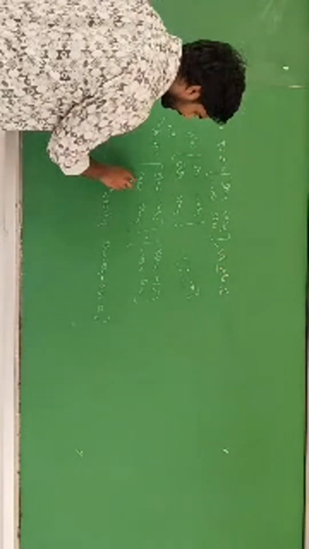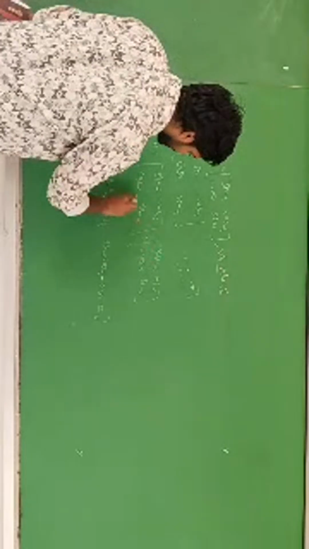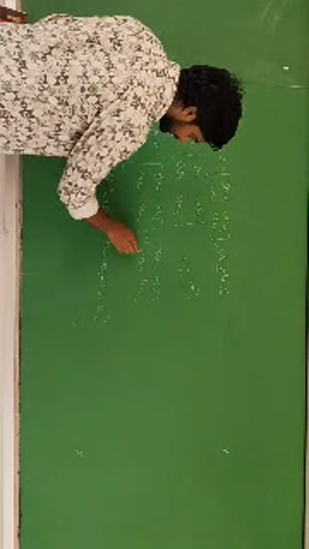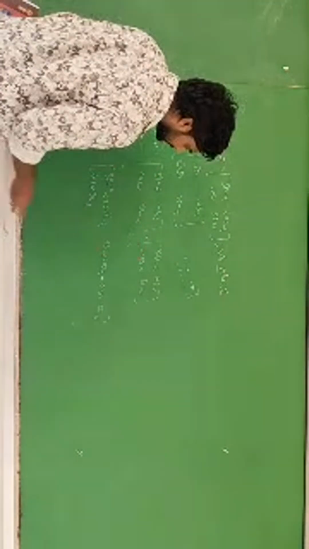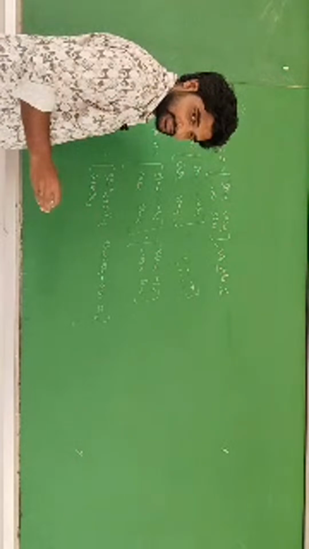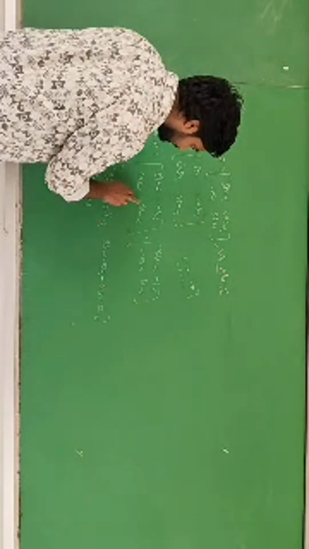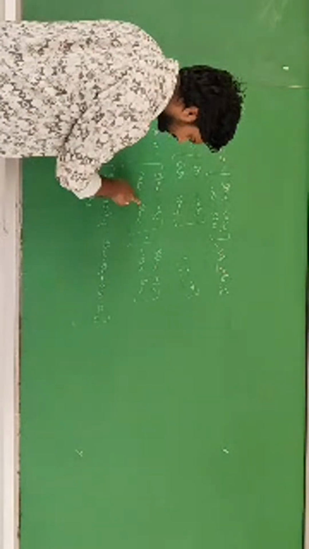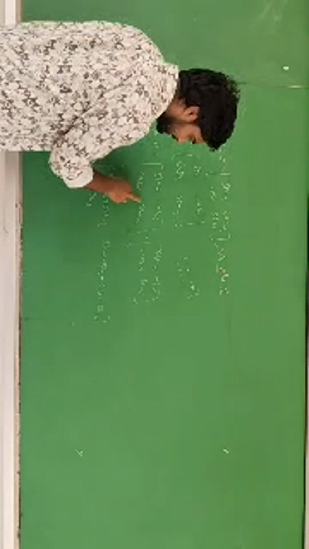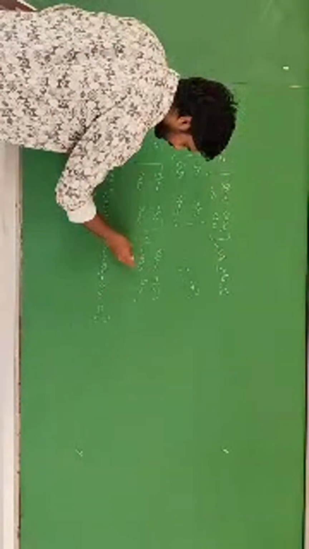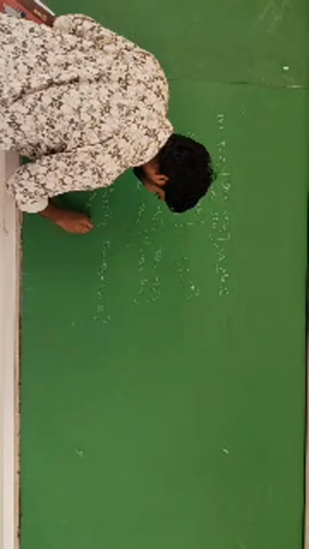So the matrix becomes cos alpha into sin alpha. Next, sin alpha into minus cos alpha. First we deal with the symbols. There is no sign specified, so we take it as plus. Plus into minus becomes minus sin alpha cos alpha.